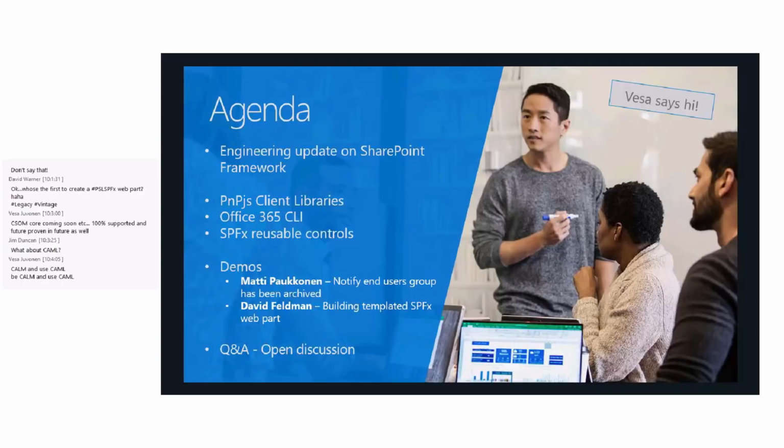And then from David, we've got building templated SPFx web parts, another great solution. So excited to see both of those demos coming up later in the call. Hopefully we'll have a little bit of time at the end for Q&A, but as always, we'll try and keep up with the questions in the chat in the IM window, so feel free to post your questions there.